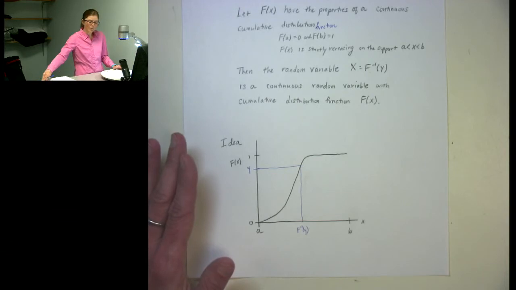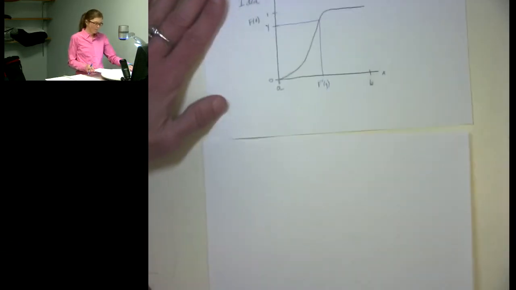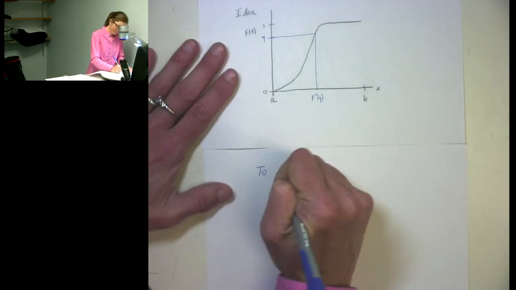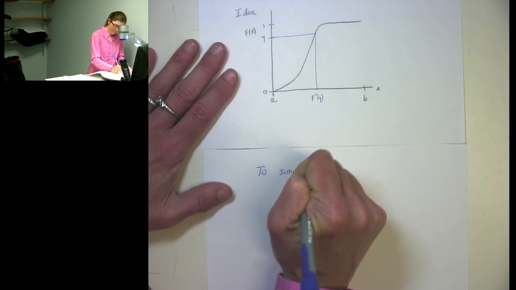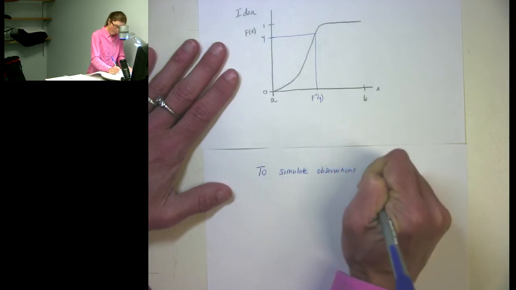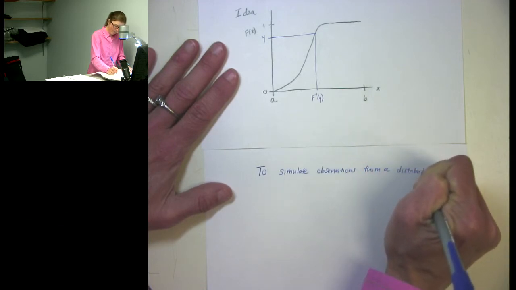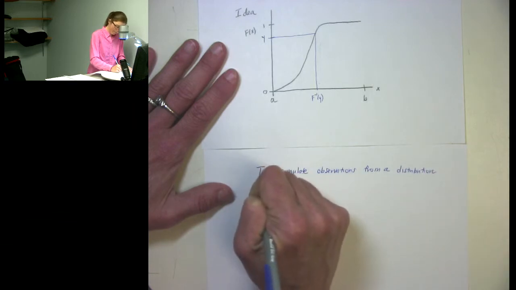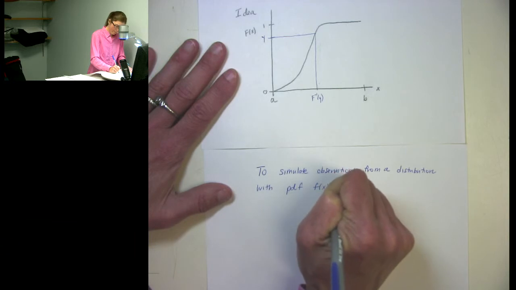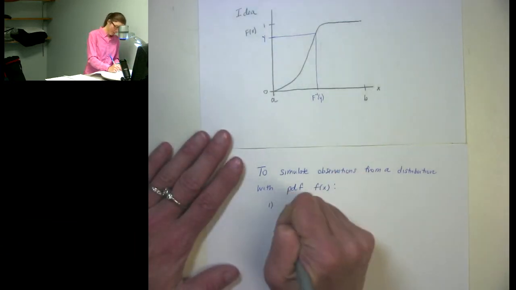So the idea is that in order to simulate observations from a distribution that has a probability density function, little f of x, we're going to start by finding the cumulative distribution function of x.